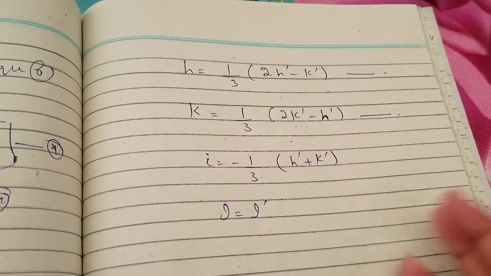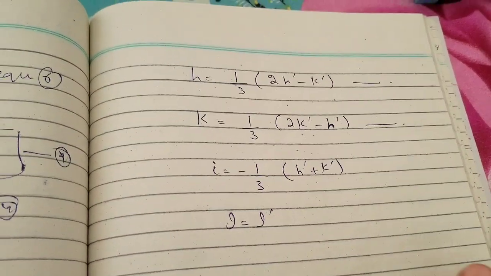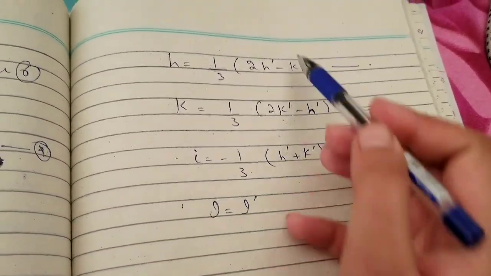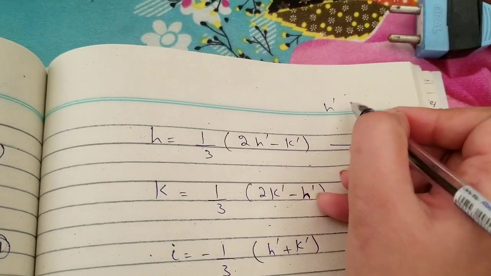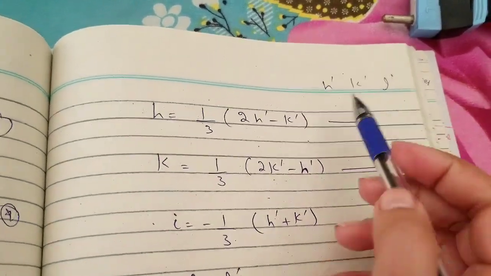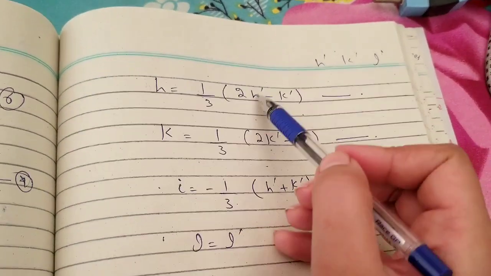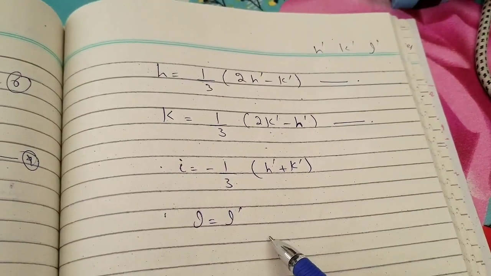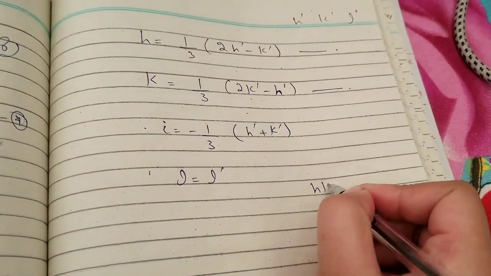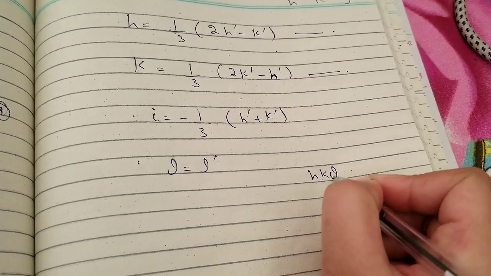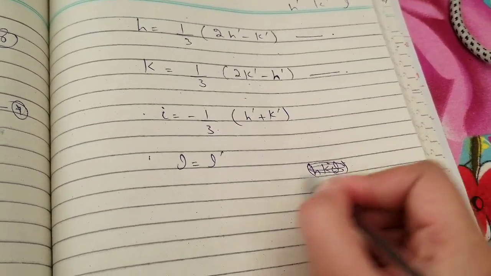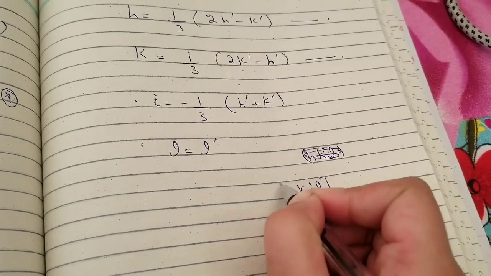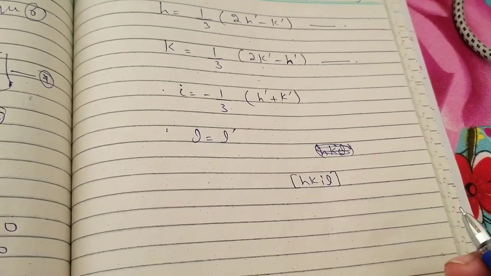So this is the way we can determine the 4-digit index from the 3-digit index. If we are given h prime, k prime and l prime, we'll simply put these three values into these 4 formulas and we'll get the 4-digit index. For a direction, since it's a direction, it is enclosed in a square bracket. All right.